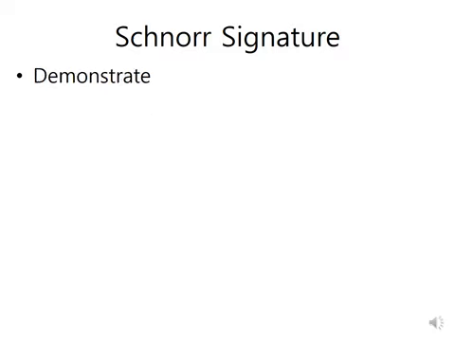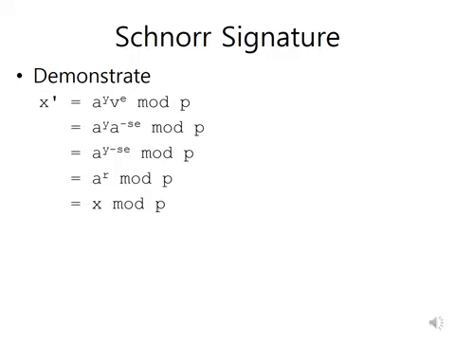And this is the demonstration procedure. In terms of the verifier, the first step is to compute a to the y times v to the e mod p. And v is equal to a to the minus s. So it can be computed like this, a to the y minus s e mod p. And then we know y is equal to r plus s e.